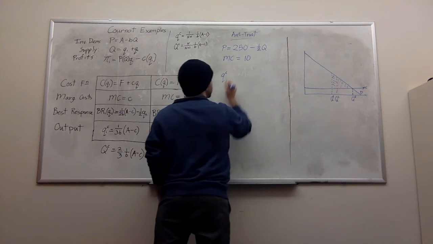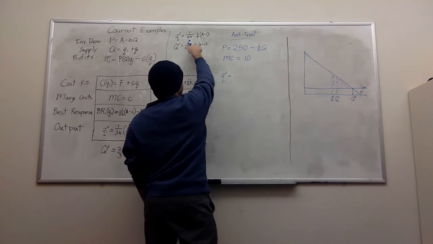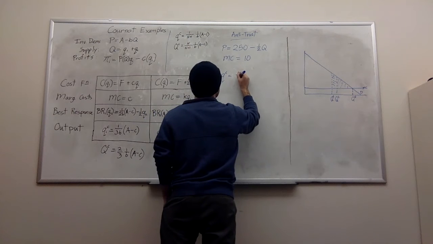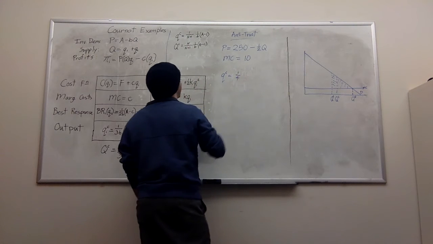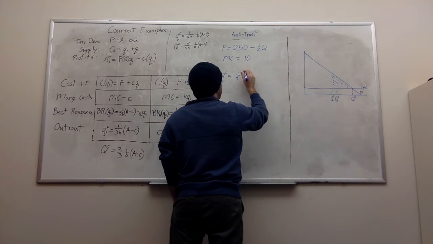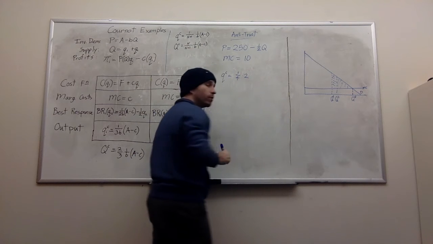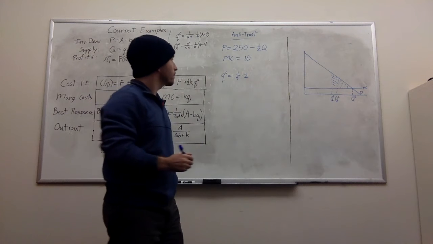when there are 3 firms in the market, is going to be 1 over n plus 1, so 1/4, times 1 over b. If b is 1/2, that's just equal to 2, since 1 over 1/2 is 2.